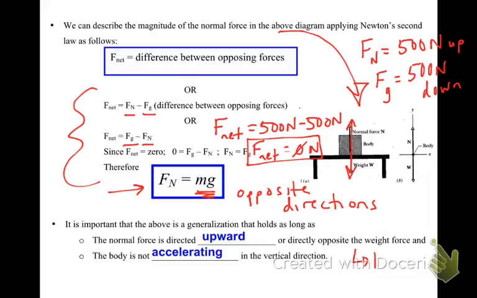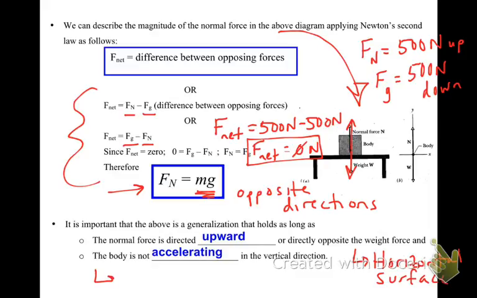Basically, we're talking about a horizontal surface. If your object is not on a horizontal surface, this generalization will not hold true, and we'll discuss that in a later unit. Also, the body must not be accelerating in the vertical direction for this generalization to hold true.